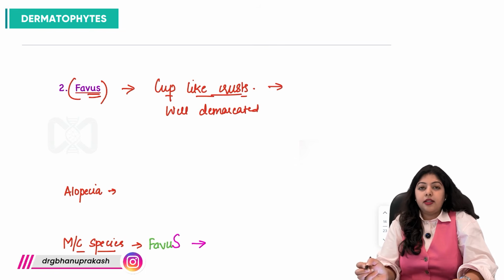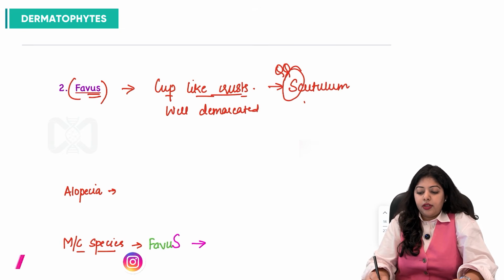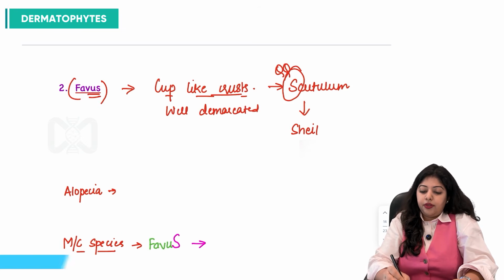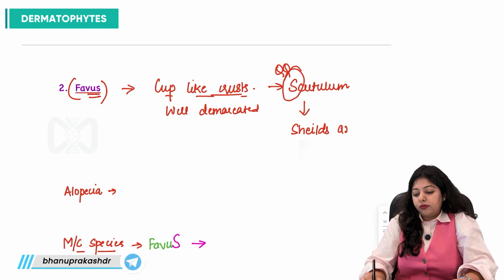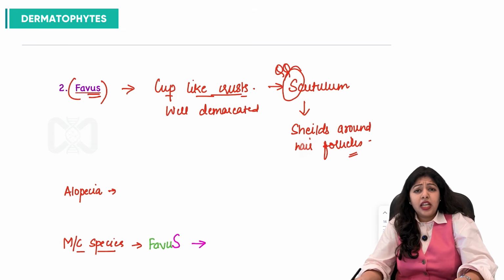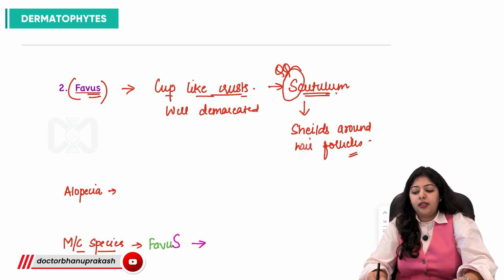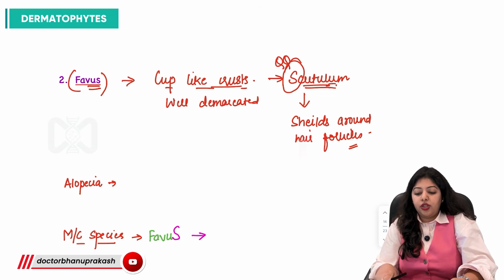These cup-like crusts are also known as scutellum, which is nothing but the shields which form around the hair follicles. So these are also going to be elevated, enlarged. These are very thick shields which are well demarcated, present around the hair follicles. This shield is known as the scutellum, which is also a potential question.